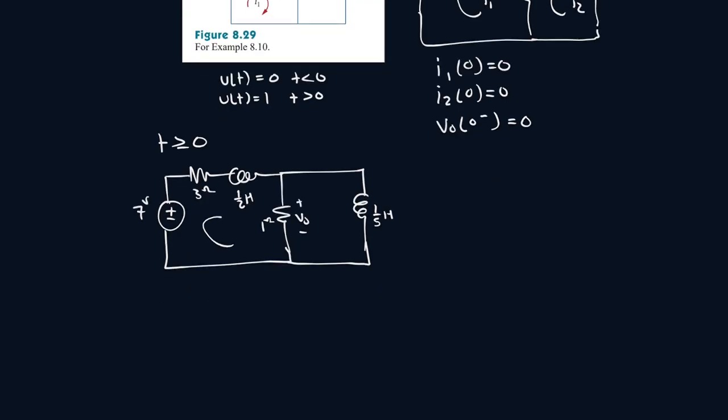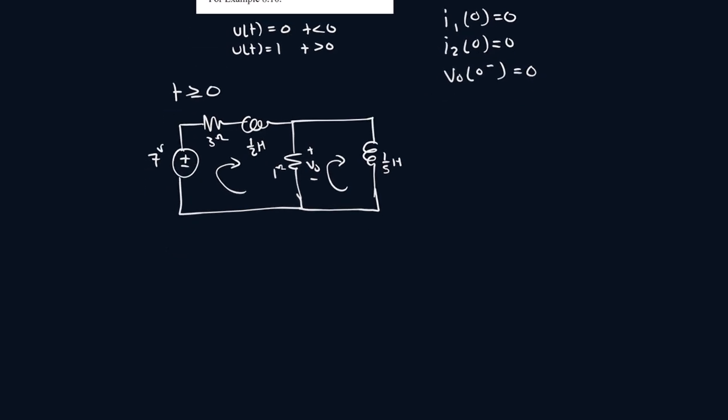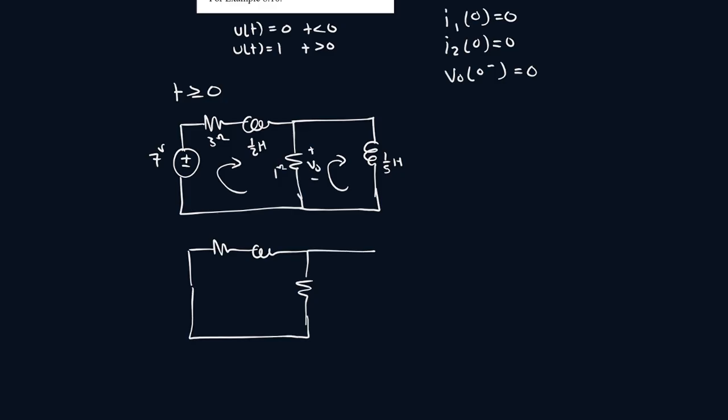so for the meshes, what we're going to do is draw the transient circuit. The transient circuit is pretty much the same circuit, but without any sources. So it's going to look something like this. The reason we're doing a transient circuit is because there's a voltage source here.